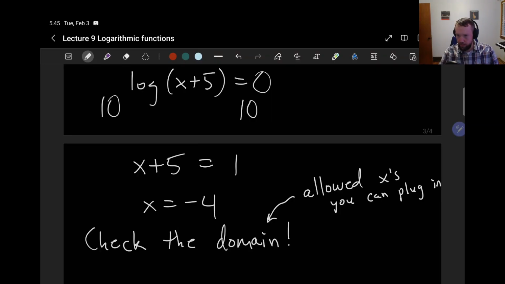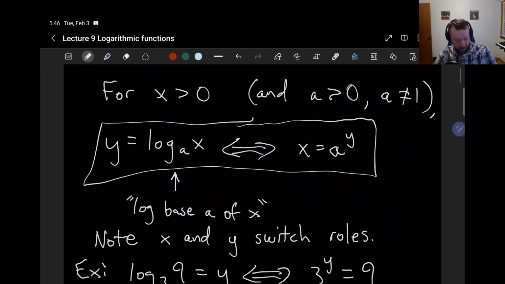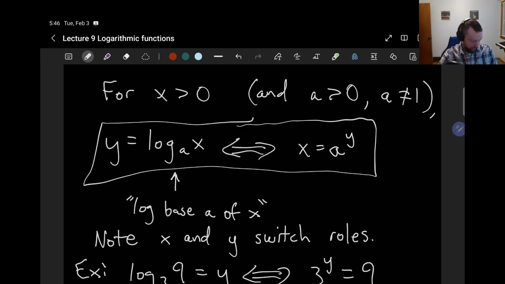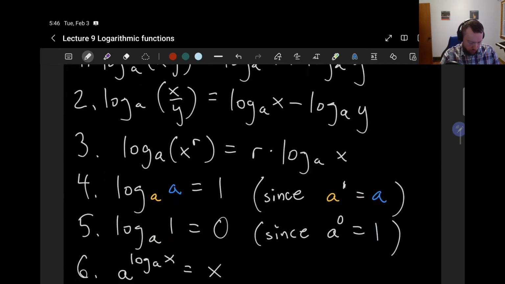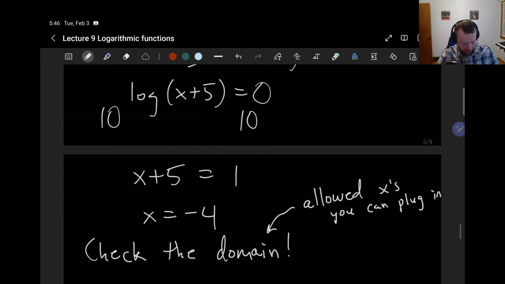There are only a certain limited amount of x's which make sense in our equation. And what I'm getting at is the very first thing I wrote in this video. You can only have positive things go into a logarithm. That's very important. So that means that -4 is a bit suspect as an answer.